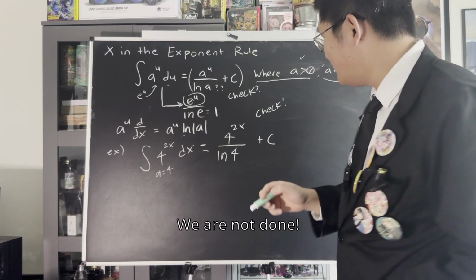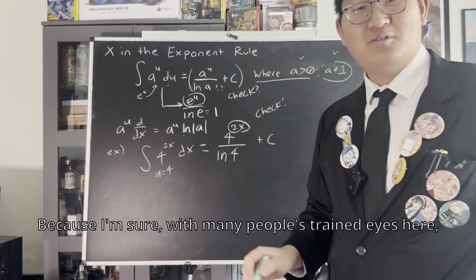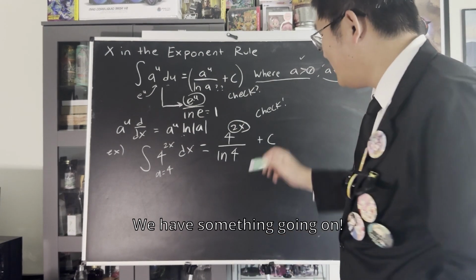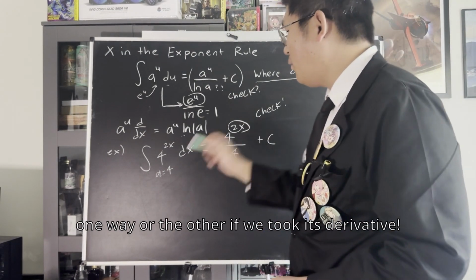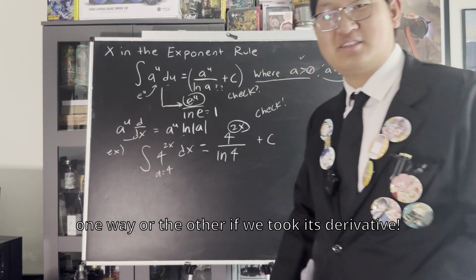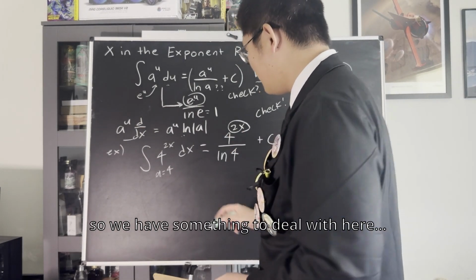We are not done. Because I'm sure with many people's trained eyes here, we have something going on. That 2x in the exponent will come down from the chain rule one way or the other if we took its derivative. So we have something to deal with here.